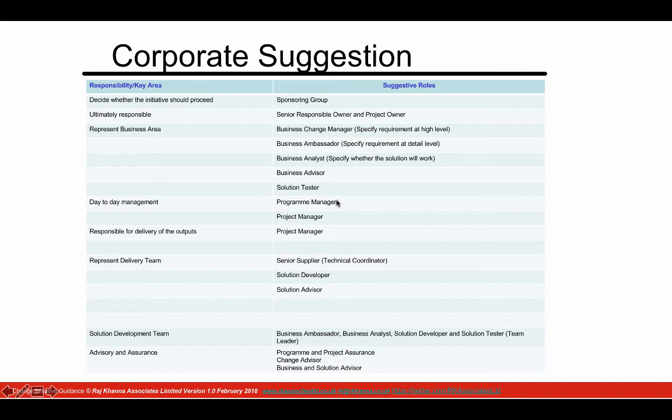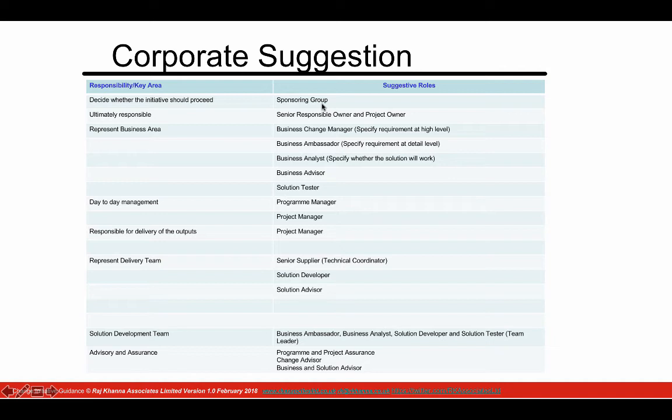So here is a summary of different methods. Right at the top, we have a sponsoring group. Now, these may be the senior management team of an organization, i.e. the leadership team, or it is a group of people.